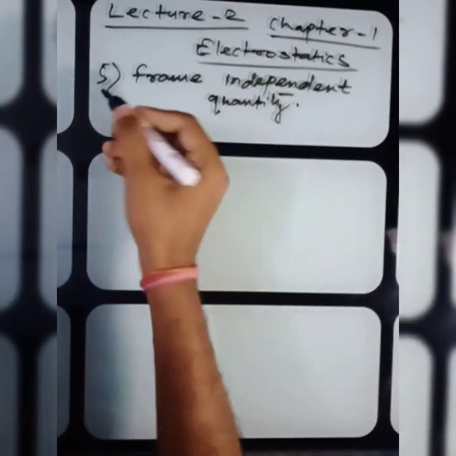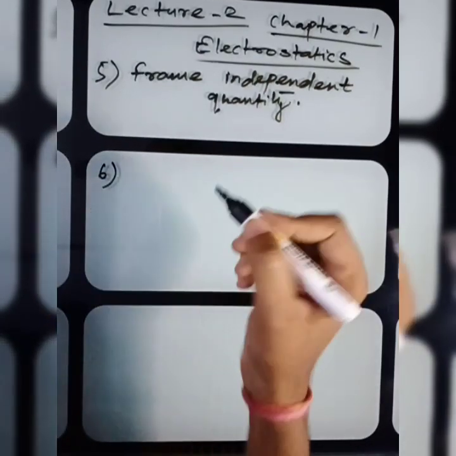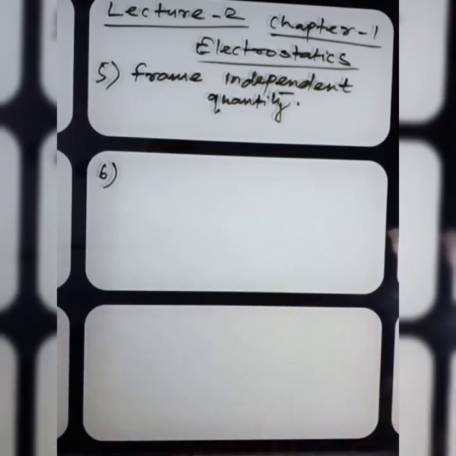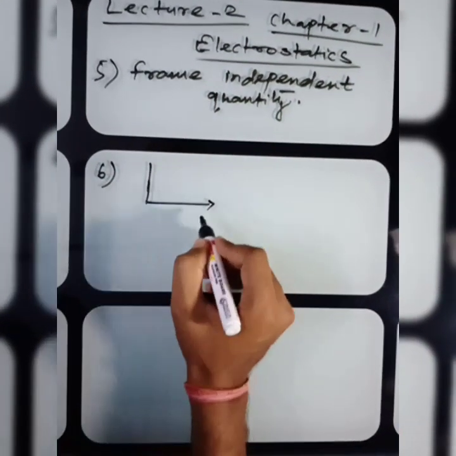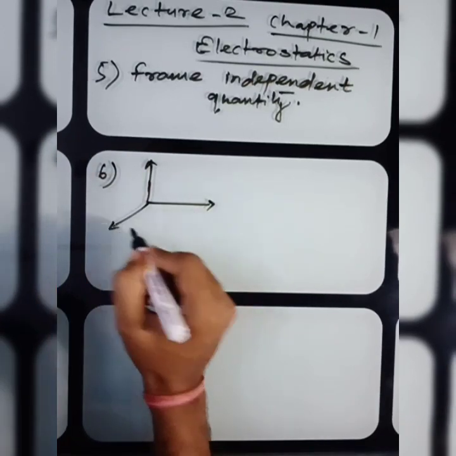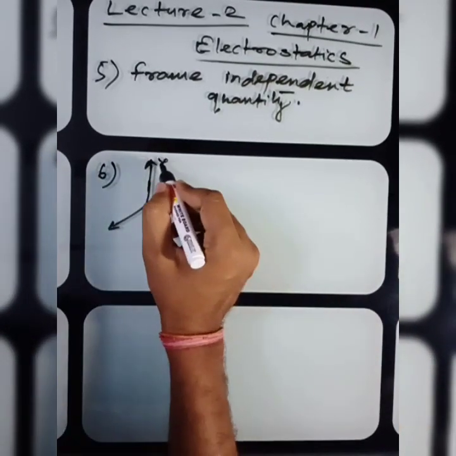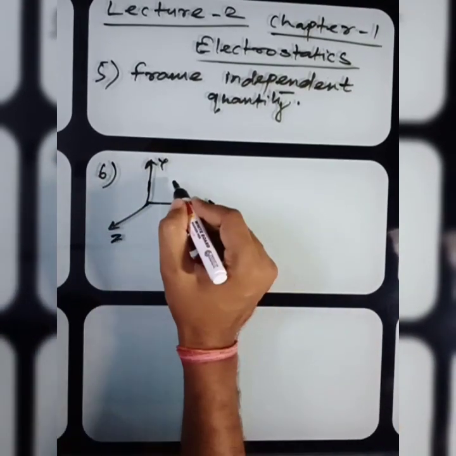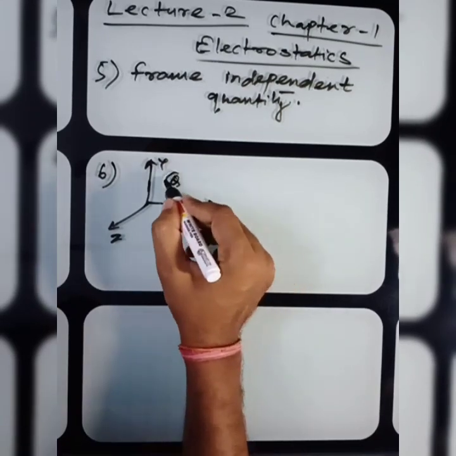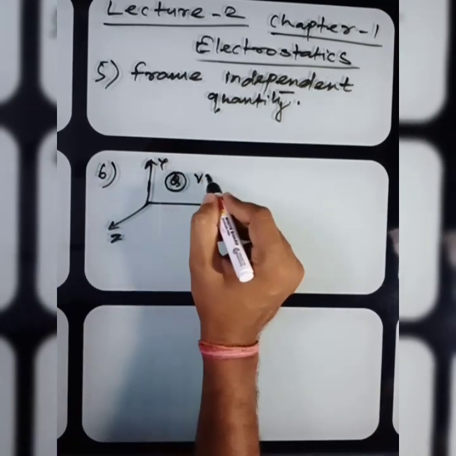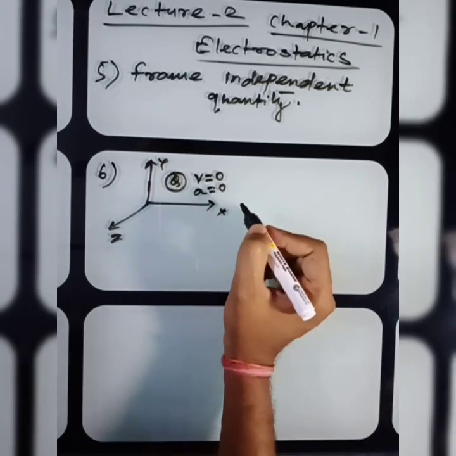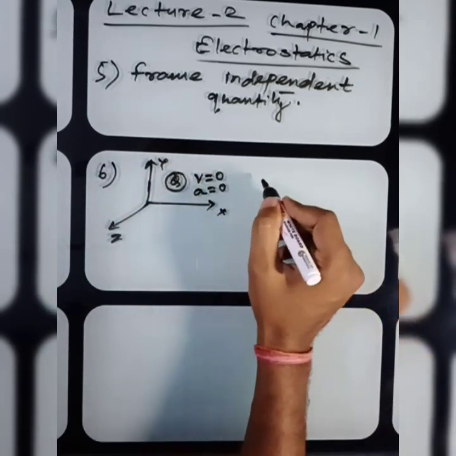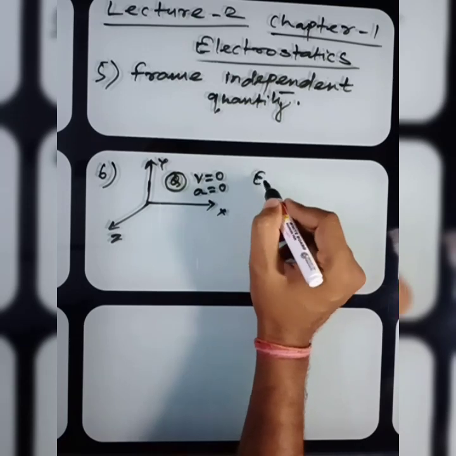Now the sixth property, and this is basically information, not only a property. If any charge is in a static state in a frame, that is the velocity is 0 and acceleration is 0, then this charge will produce electric field only.